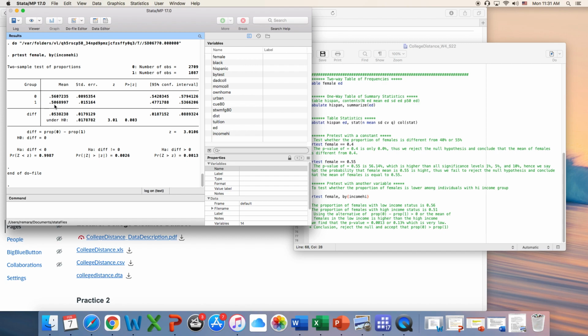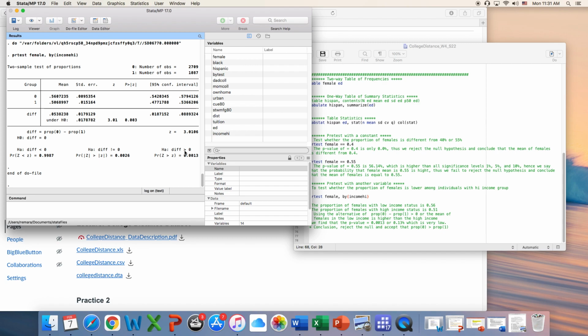Using the alternative hypothesis, let's say I'm using the greater one, let's say this one, I want to test whether the mean of females in the low income group is higher than the mean of females in the high income group.